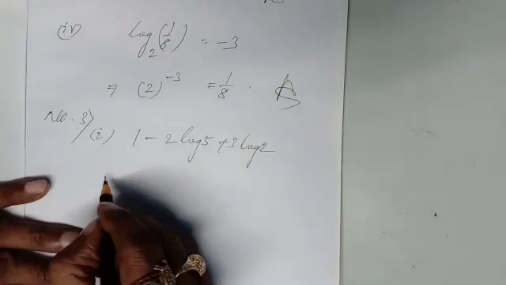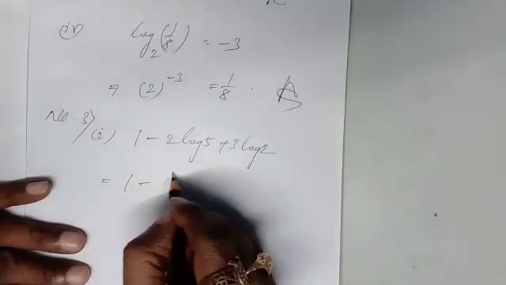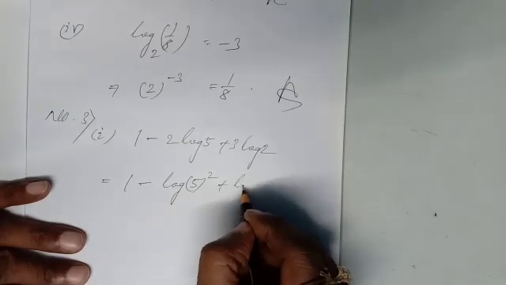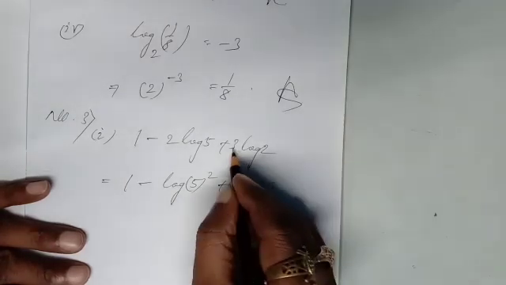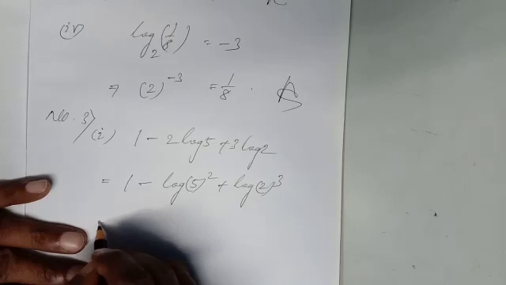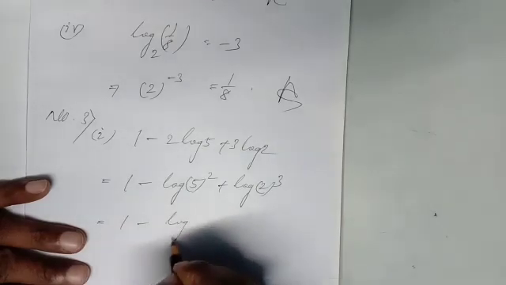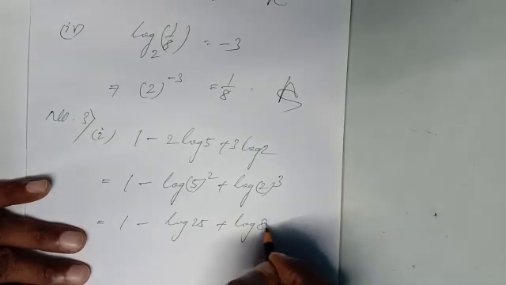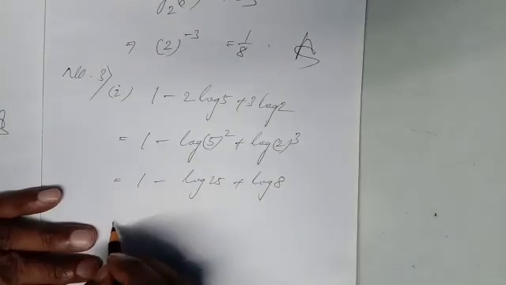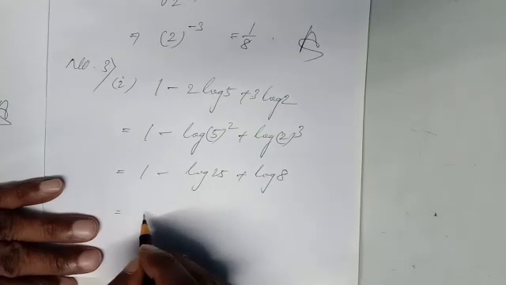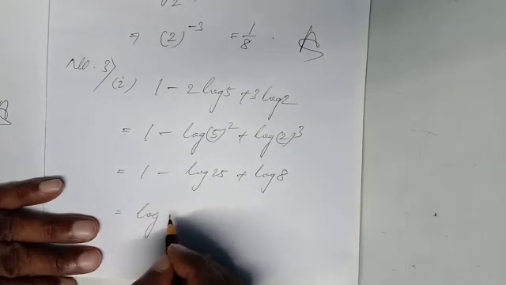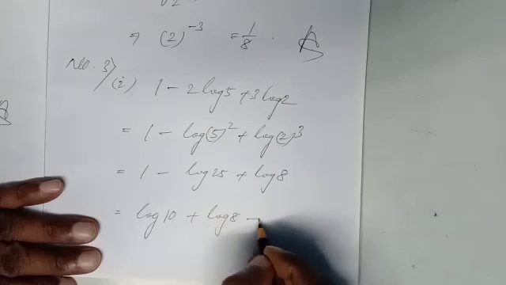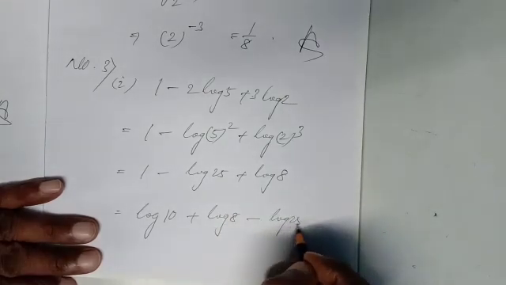That will be 1 minus log 5 squared plus log 2 to the power 3. That means it is 1 minus log 25 plus log 8. And 1 you can write as log 10, since log 10 base 10 is 1. So log 10 plus log 8 minus log 25.